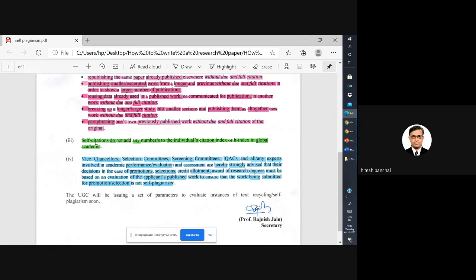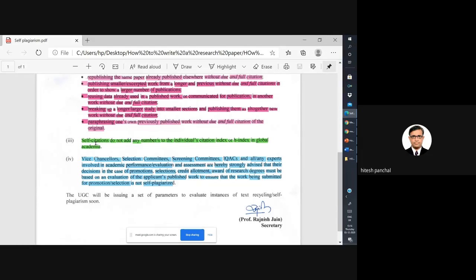And the last one, very important from your knowledge point of view: vice chancellor selection committees, screening committees, IQACs, and any experts involved in academic performance evaluation and assessment are hereby strongly advised that their decision in the case of promotion, selection, credit allotment, and award of research degree must be based on the evaluation of the applicant's published work, to ensure that the work being submitted for promotion or selection is not self-plagiarized.